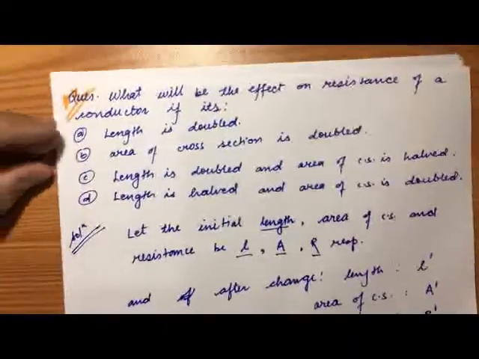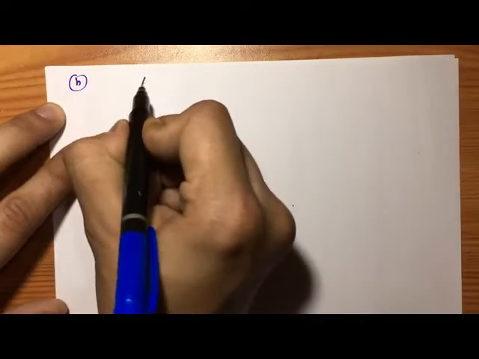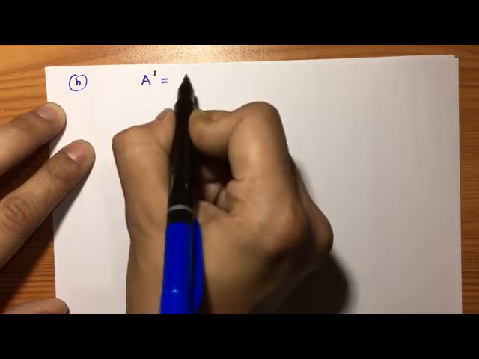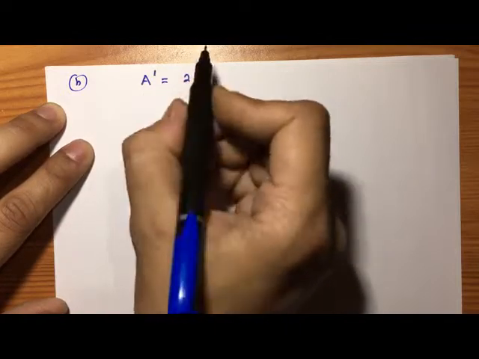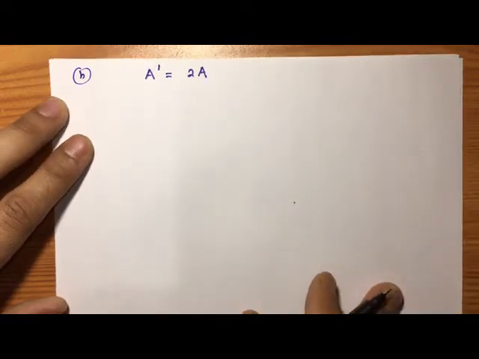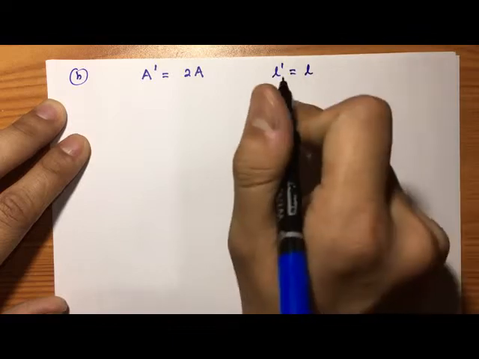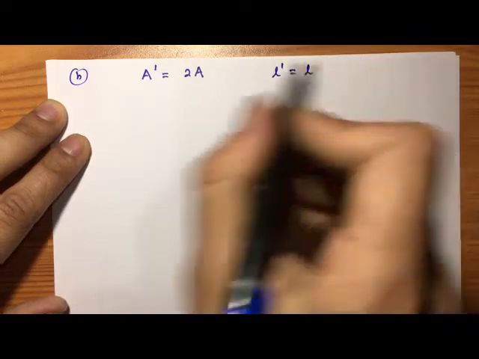Now the second, area of cross section is doubled. It means that for solving bit B, my new area is double of initial area. Okay, and no data has been given about the length, so I am writing it as it is.